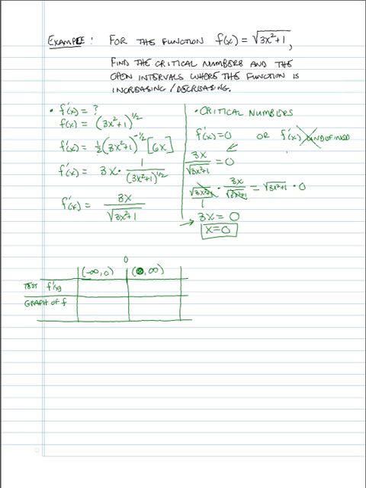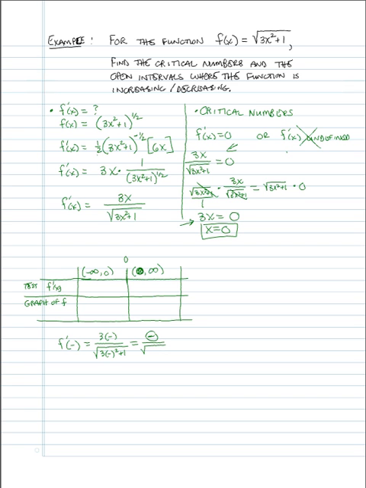So just imagine if we take the derivative and we put a negative number into it. Well, on the top, we'll have 3 times the negative number, won't we? And on the bottom, we'll have the square root of 3 times a negative number squared plus 1. So what I want to get you to realize is 3 times a negative number is negative. So on top, we have a negative number.